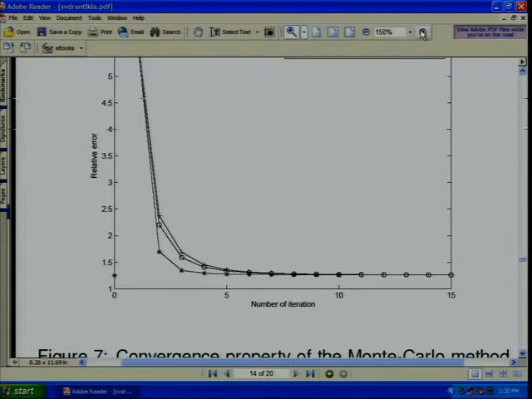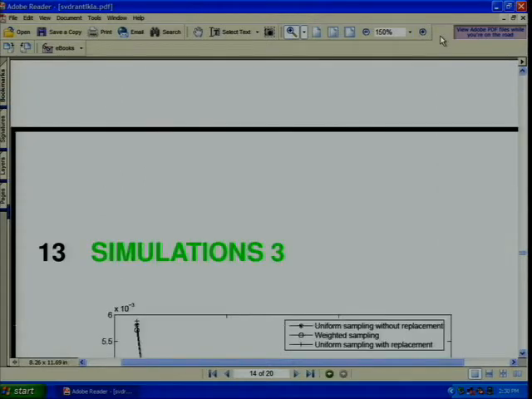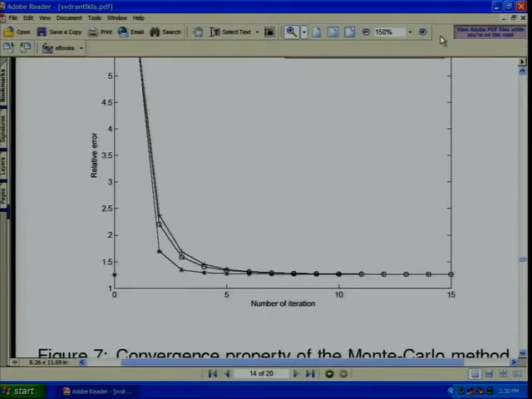So this would be the best, I think. First of all, the error, I would think, is a relative error.